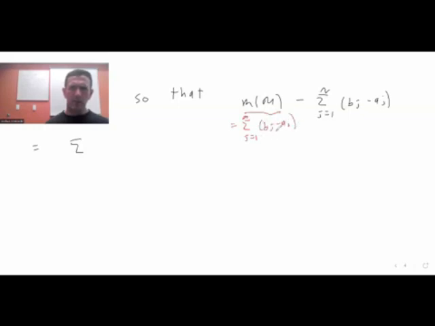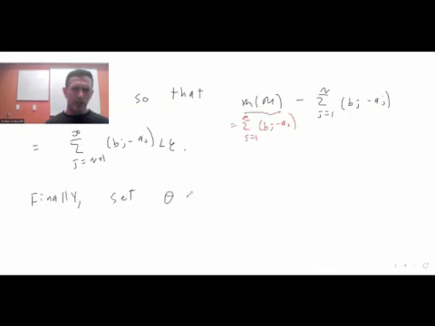So this equals the infinite sum, so this is less than epsilon. J equals n plus 1 to infinity. Okay, so yeah, we're almost done.